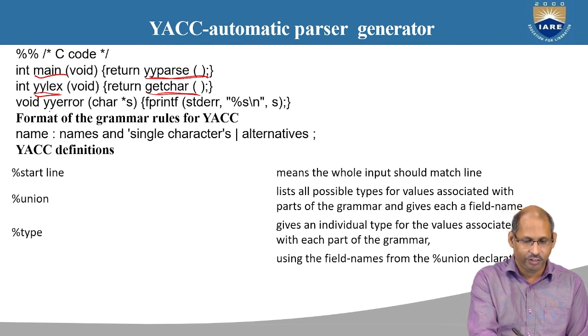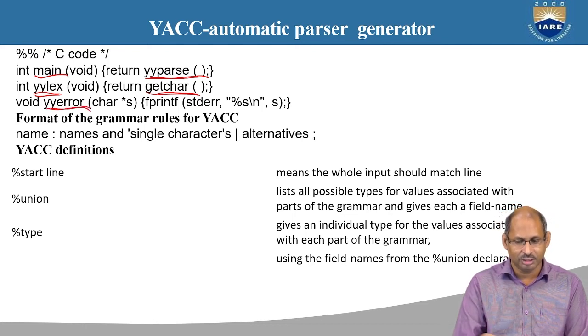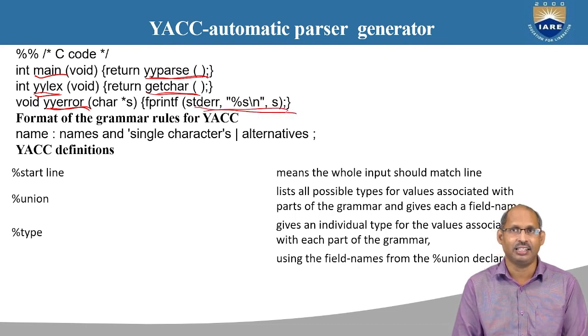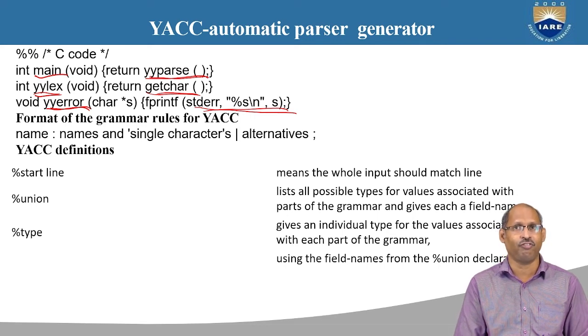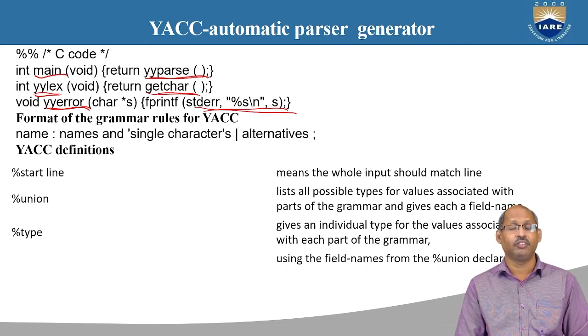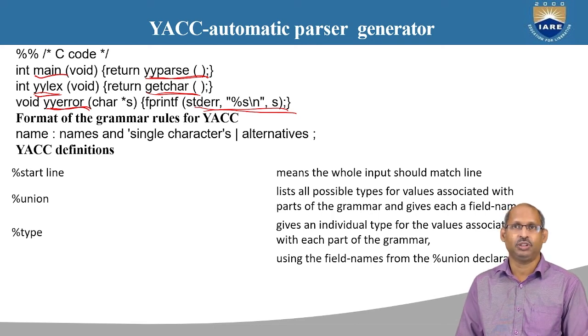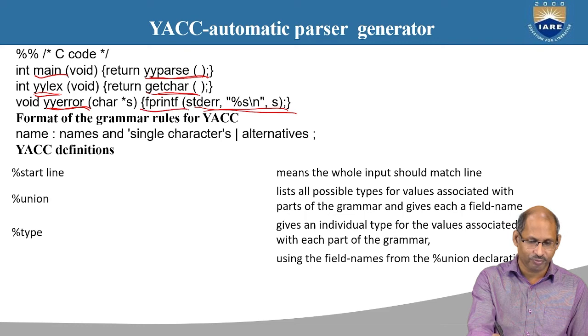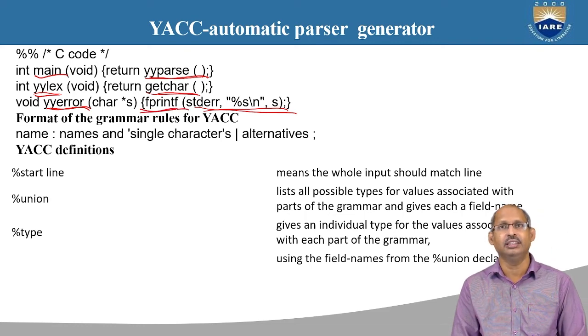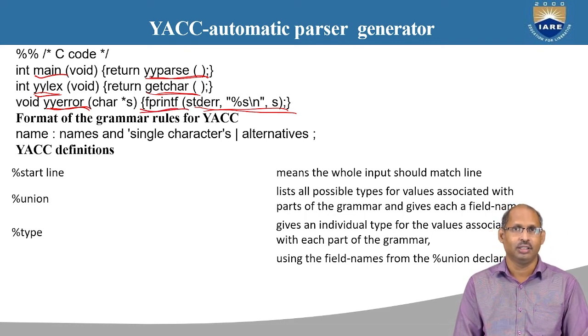If any error message occurs, simply generate the error message to the standard error. Means it simply gives to the file which consists the description of the error message. So we are using fprintf. So that is stored in some file, right?